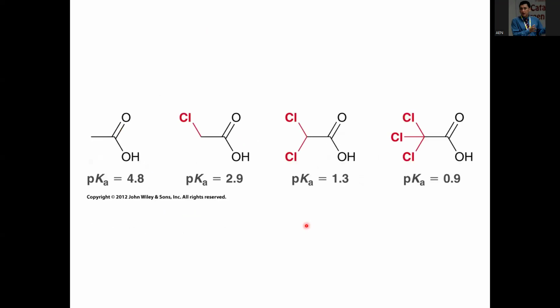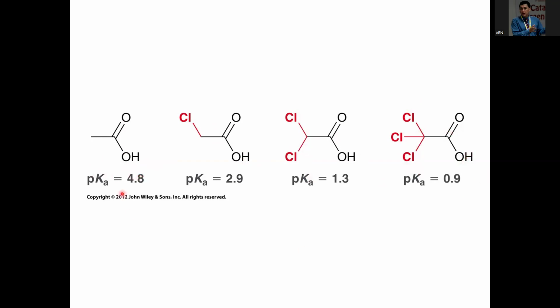If you want to make more acidic carboxylic acids, you can use not only resonance but also induction, in the sense of having electronegative groups. Here is a clear example of chlorinated carboxylic acids. This one is acetic acid. This one will be chloroacetic acid, dichloroacetic acid, trichloroacetic acid.